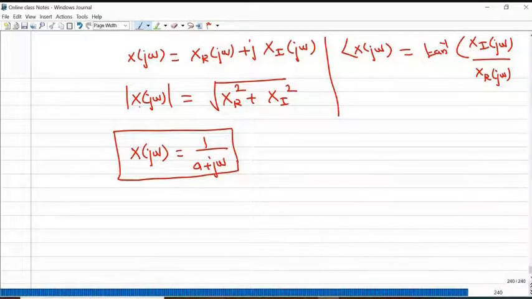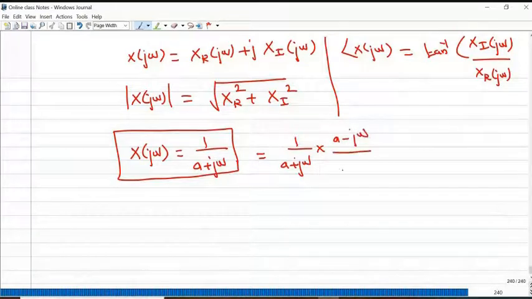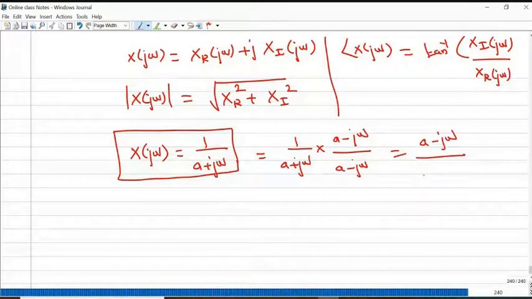For this signal, you find modulus of X of j omega and angle of X of j omega for different values of omega. First, you split this equation into real part and imaginary part. How to do it? 1 divided by a plus j omega: multiply both numerator and denominator by the complex conjugate, a minus j omega divided by a minus j omega. So we get a minus j omega divided by a square plus omega square.